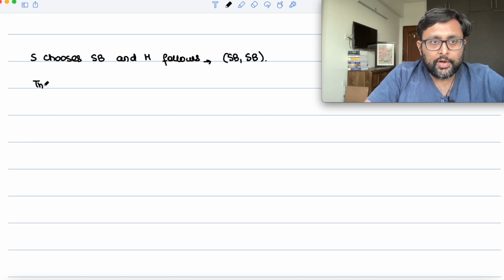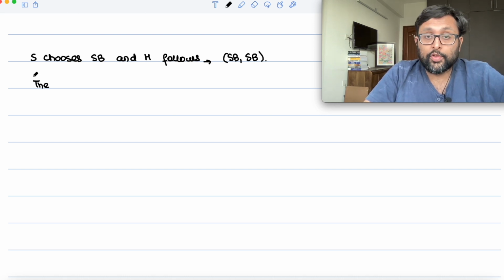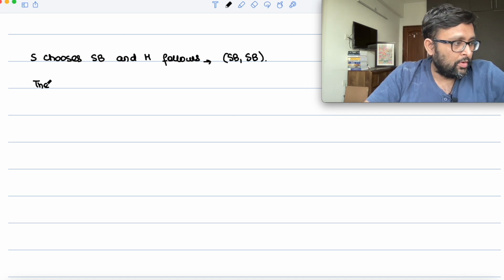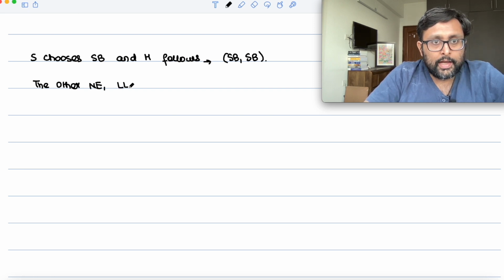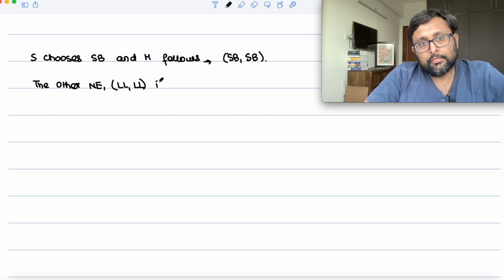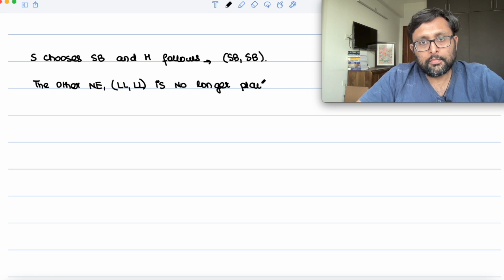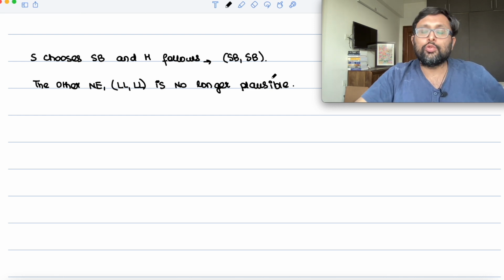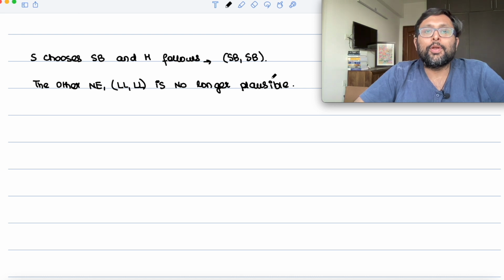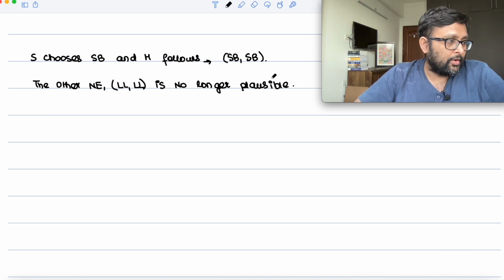The other Nash equilibrium which you got in the simultaneous move game, that is LL, LL, is no longer plausible. So she knows that if she chooses Starbucks, his only choice is to follow her. That is the only thing, right?